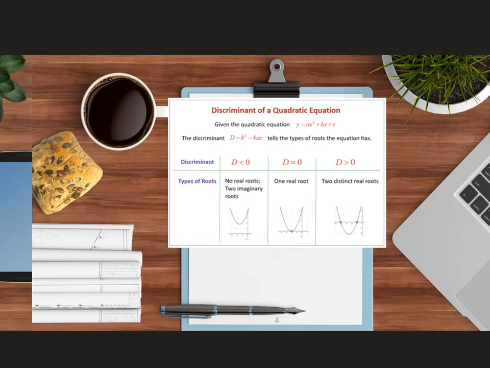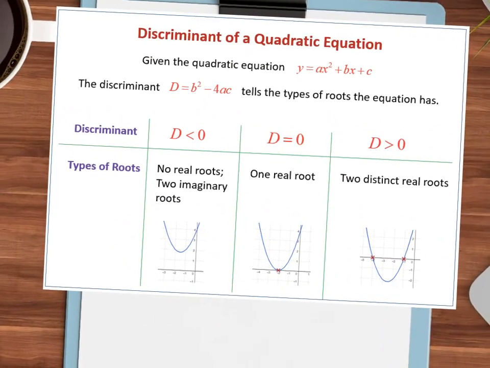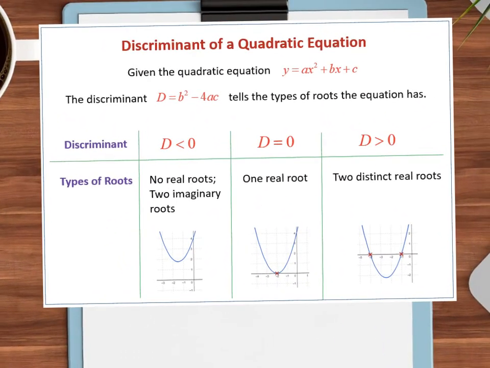Remember in our last units, we talked about how a quadratic equation forms a parabola, and there are 3 types of parabolas that you might find. You might find one that has no solution, because remember, a solution is those x-coordinates where the parabola is crossing the x-axis.